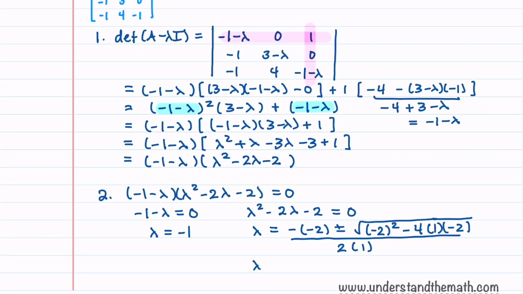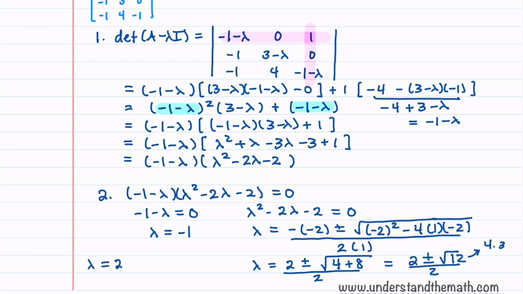This means that lambda is going to be 2 plus or minus the square root of 4 plus 8, all divided by 2. This gives us 2 plus or minus root 12 divided by 2. Our 12 is equal to 4 times 3, so we can take out the square root of 4, which is 2.